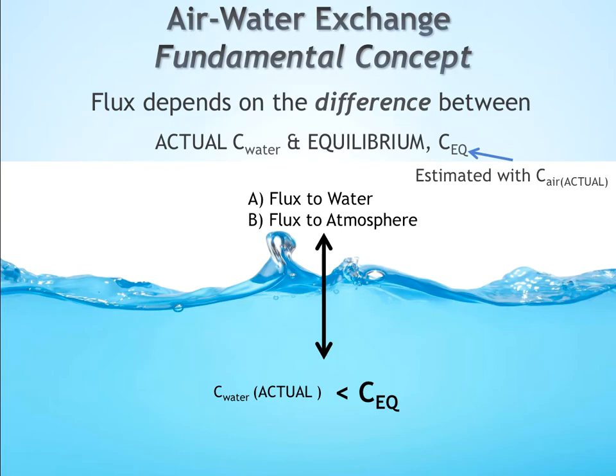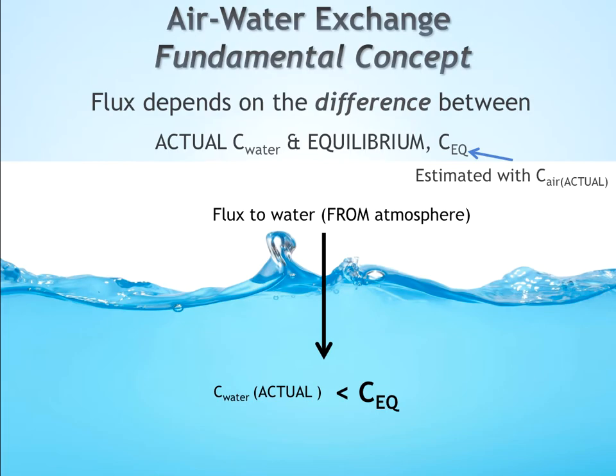You can pause for a moment and think about that. And then you need more in the water, so you're going to have a flux to the water from the atmosphere. Okay, so that's the basic idea behind estimating or predicting where the flux is going to be, to the air or to the water.